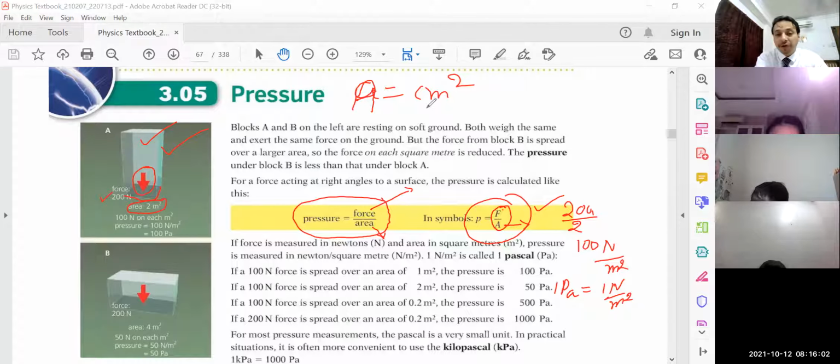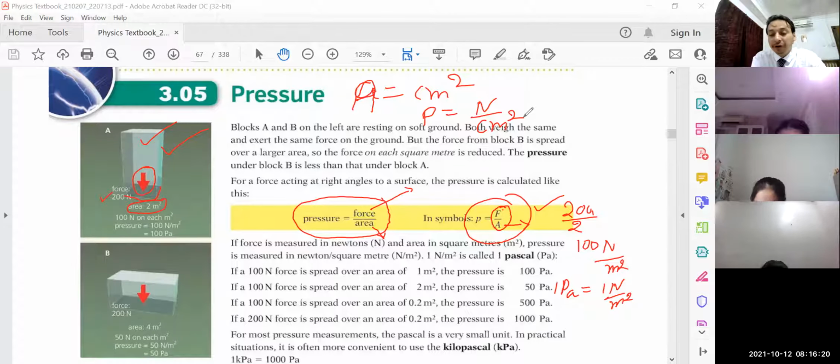But you have a choice. If area is in centimeter square, and you want to write your answer in Newton per centimeter square or Newton divided by millimeter square, then it is okay. Then your answer will be considered correct.